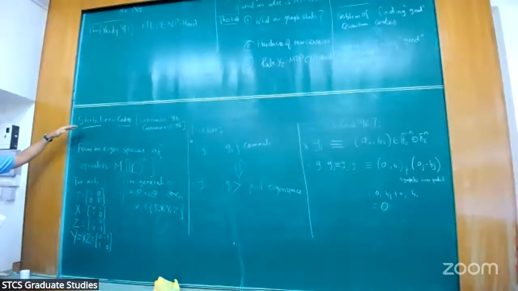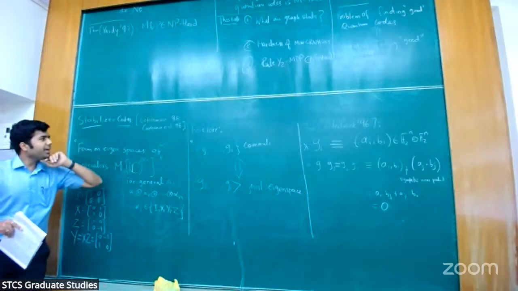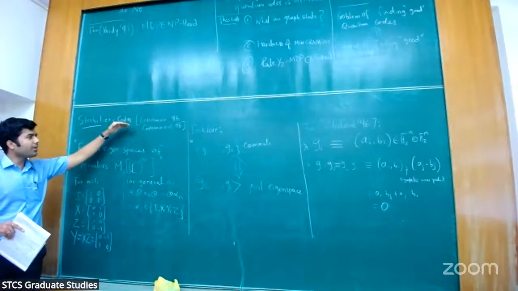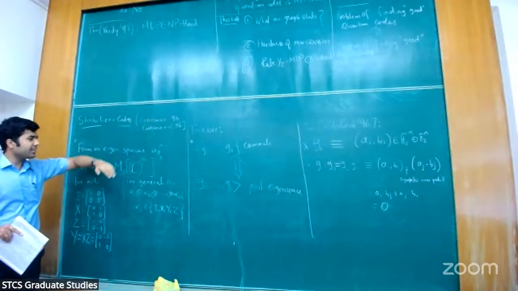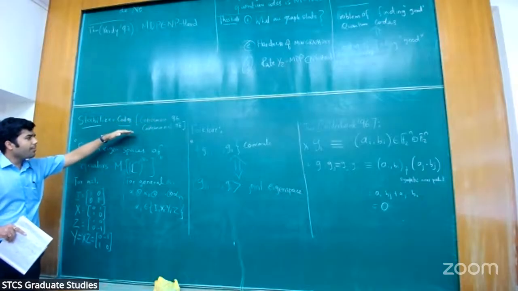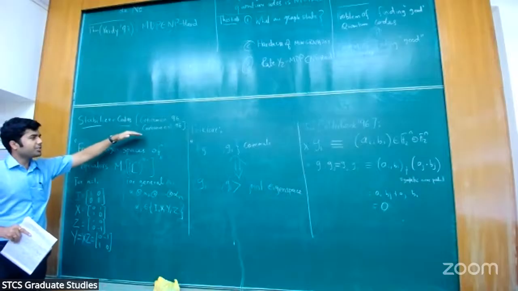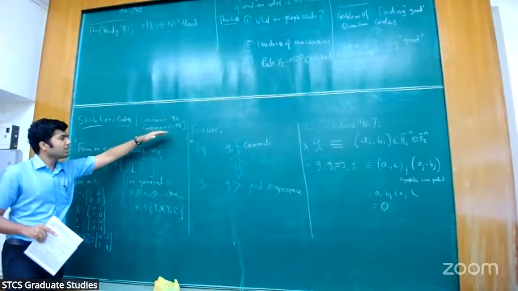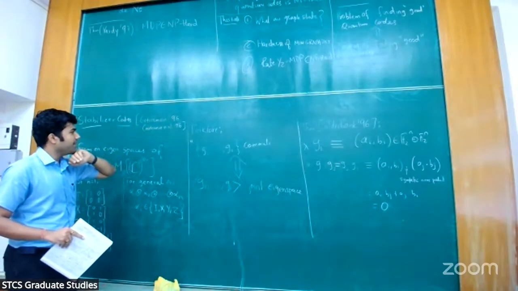This stabilizer formalism, or this idea of stabilizer codes, was introduced in two works, one by Gottesman independently in 1996, and the other one by a group of people, Calderbank, Shor, Sloane, etc., in the same year.